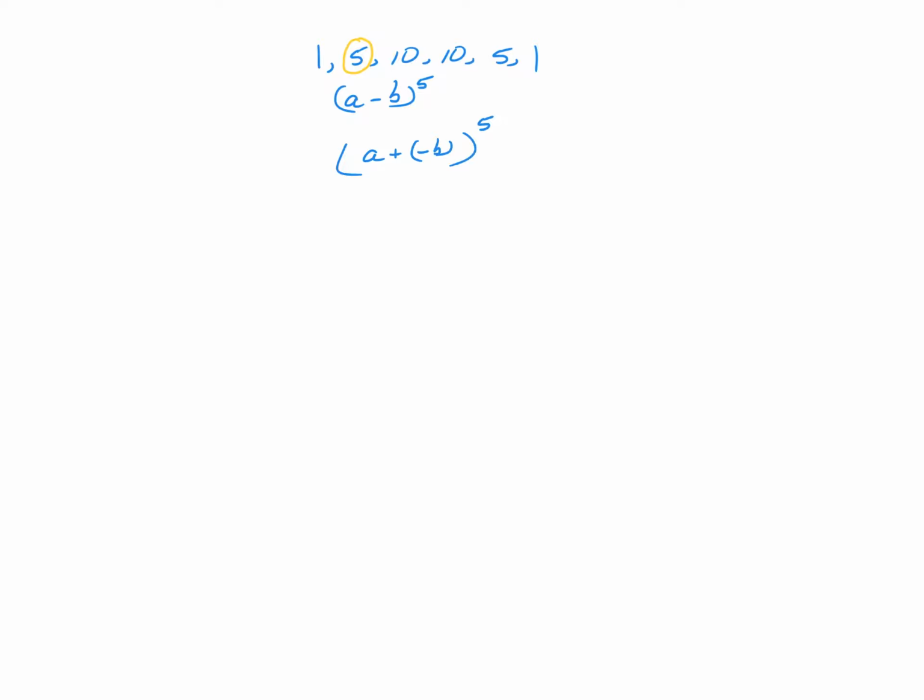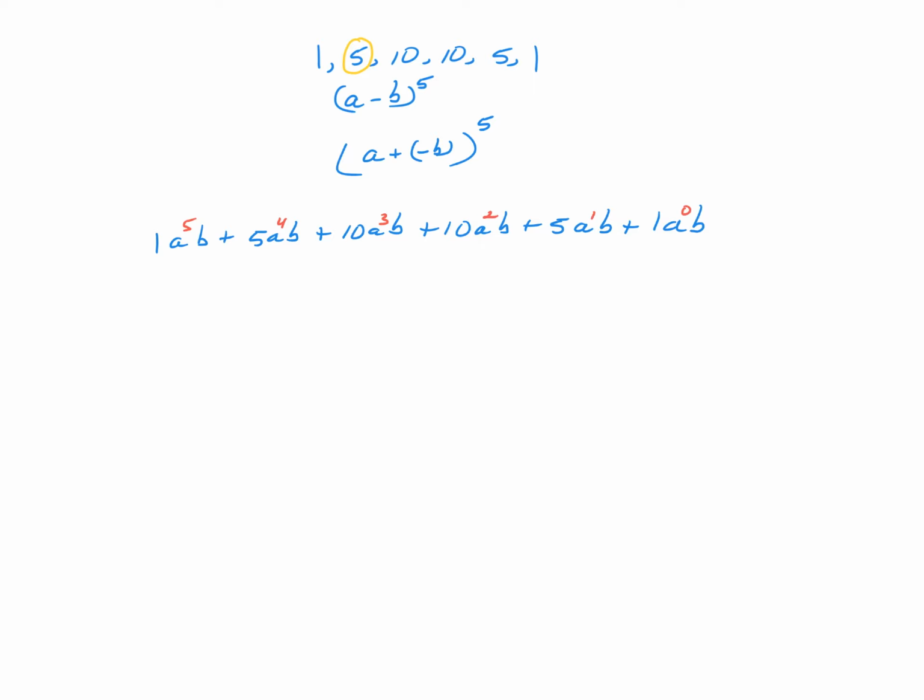So again, I'm going to go 1 ab plus 5 ab plus 10 ab plus 10 ab plus 5 ab plus 1 ab. I'm going to take my a exponents starting at 5 and descend in order.